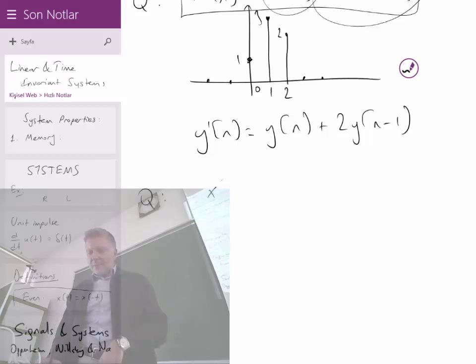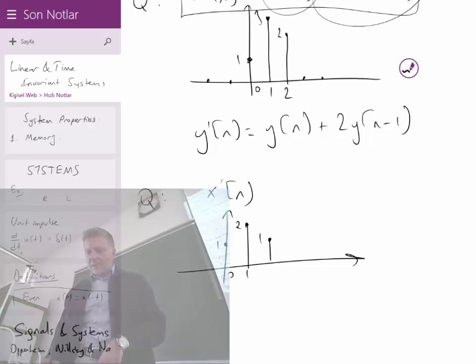Now, another question. Again, we have an x prime of n, which is 1, 2, and 1. That's 0, 1, and 2. All the others are zeros. Can you find the output?